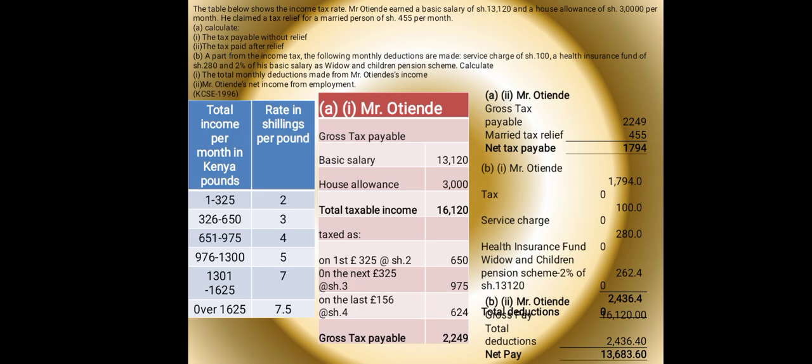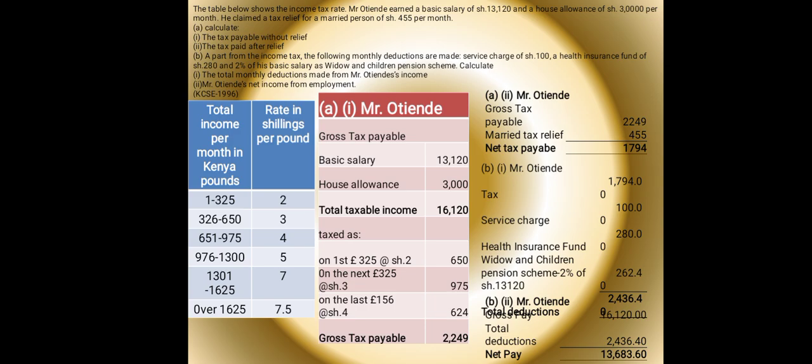Now you can see table A1, Mr. Otiende, the gross tax payable is computed first by getting the basic salary plus house allowance to get the taxable income. Then it's taxed according to the tax brackets.